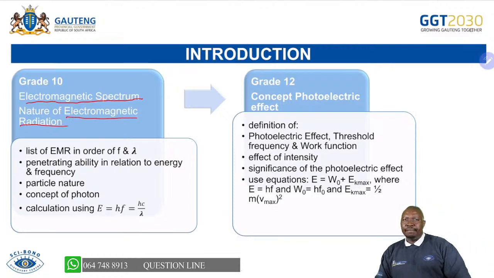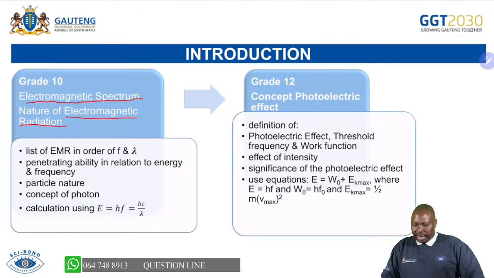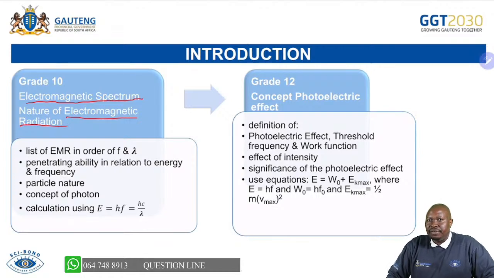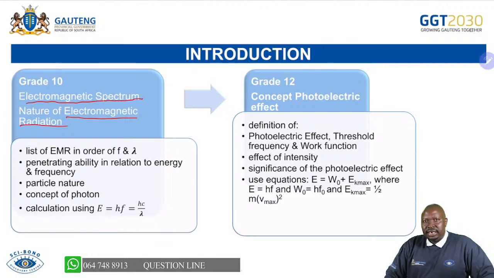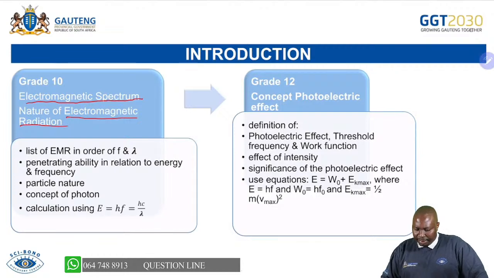You'll remember you were talking about the radio waves, the microwaves, the infrared, the visible light, the ultraviolet, the UV, and then X-rays as well as gamma rays. Those are the spectrum, the electromagnetic radiation.